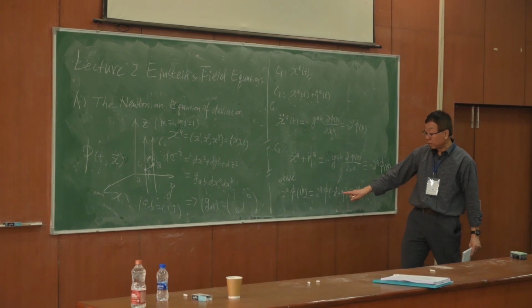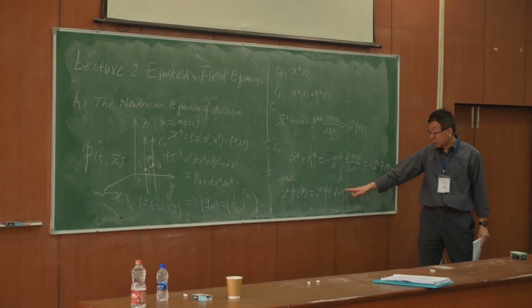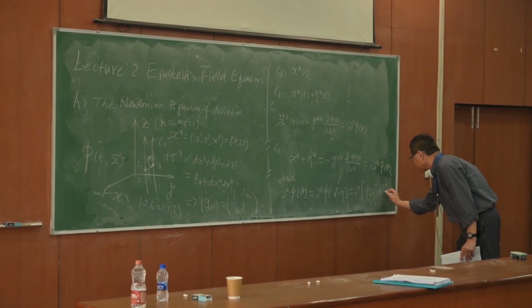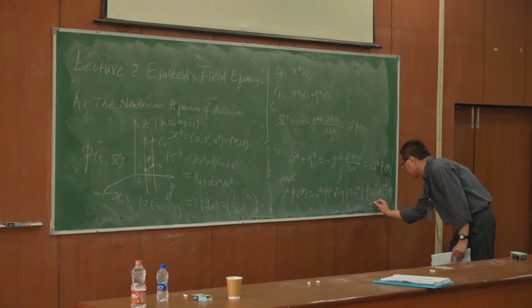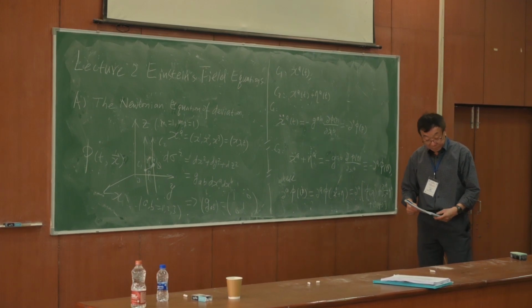If this is small, the first term will be d phi dx, because this one plus d phi dx d eta, then plus the second, the higher order in eta. Okay?